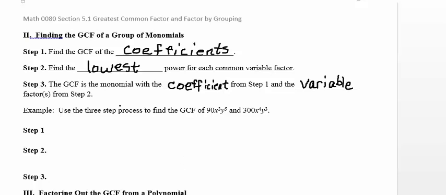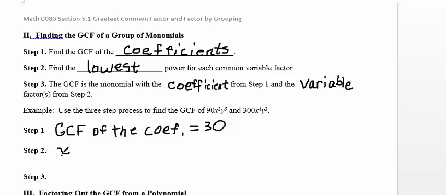Alright, so let's use this to find the GCF of 90x cubed y to the 5th and 300x to the 4th y cubed. Well, we already know the GCF of the coefficients is 30. We see we have the variables x and y.